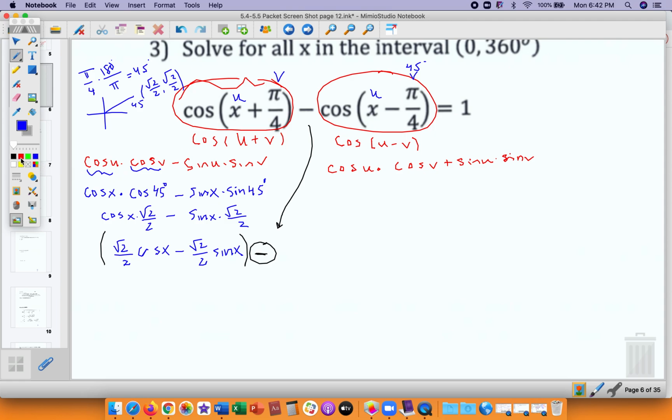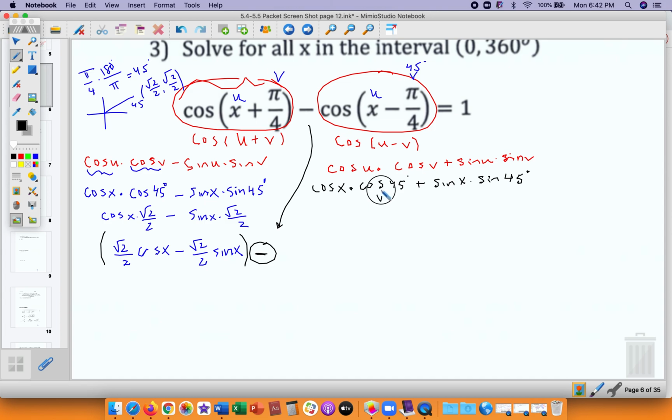So cos u, we're going to write cos, in the u slot we're going to put an x, times cos v, so cos 45, plus sine of u is x, times sine of pi over 4, or 45 degrees.